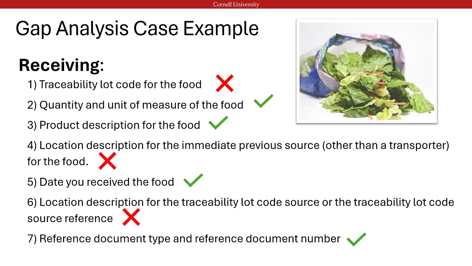And that was just a result of these suppliers that the produce processor was purchasing from hadn't yet gotten their traceability lot codes assigned, as well as in many cases the location description for where the food came from was missing. So sometimes it would be there, the farm in the fields, it could be that granular, but for a lot of times food coming in from a broker, that information wasn't necessarily there. So that was a missing key data element.